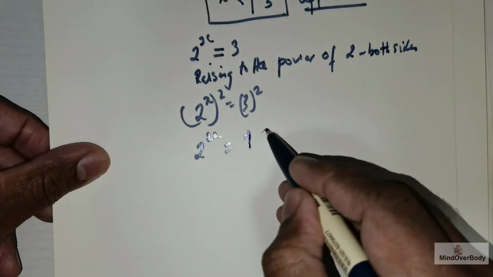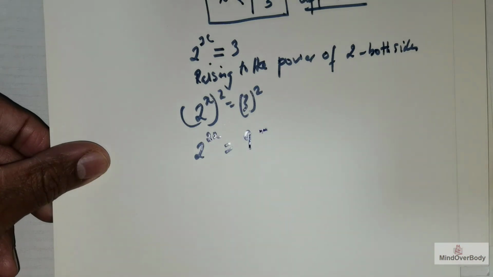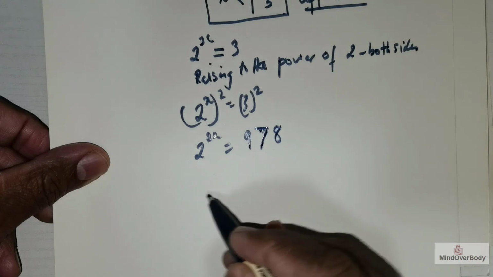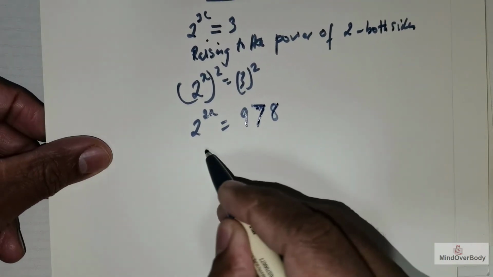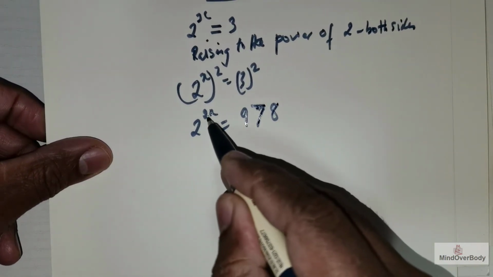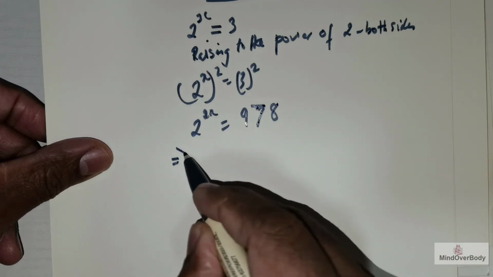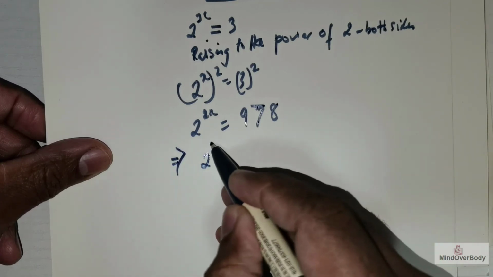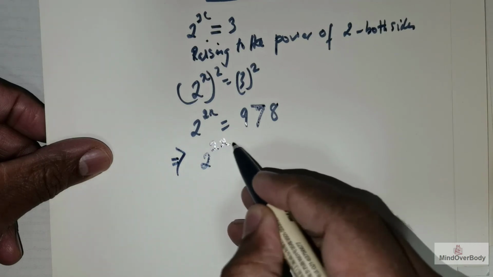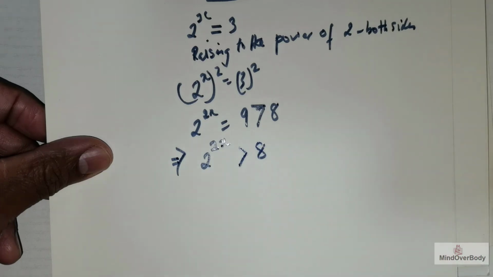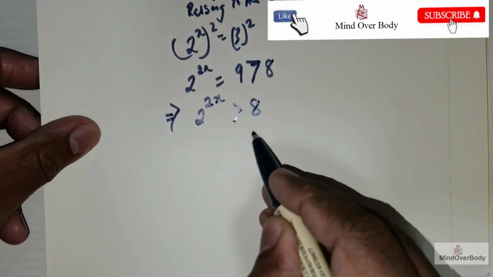But this 9 is actually greater than 8. Because of this understanding, 2 raised to the power 2x is equal to 9 and 9 is greater than 8, I can clearly conclude 2 raised to the power 2x is going to be greater than 8. Now I want to rewrite 8 in base 2.